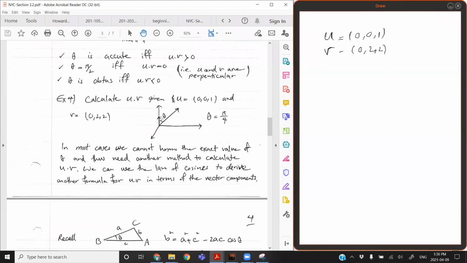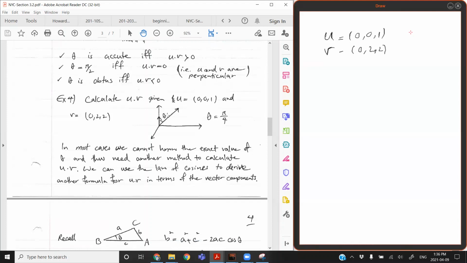Because, as I said, the first vector is the standard unit vector k, and the other vector lies in the plane of the y-axis and the z-axis. It's going to be right in the middle, so the angle between the two vectors is 45 degrees.